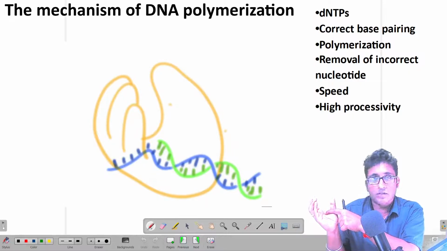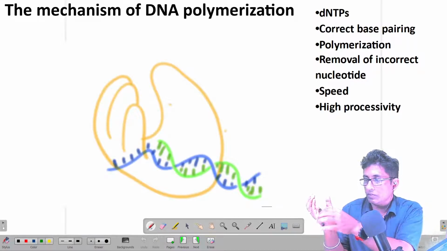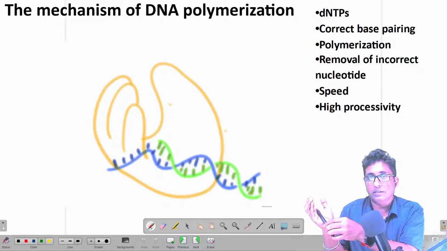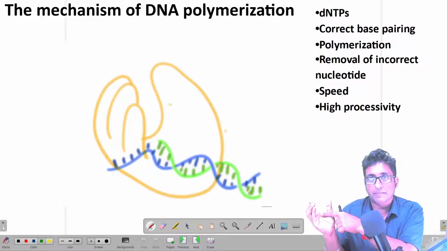As shown in the figure, the DNA present here has a template single strand, that is the primer and template junction. This is how the DNA template is present, and a new primer is growing in this active center here.